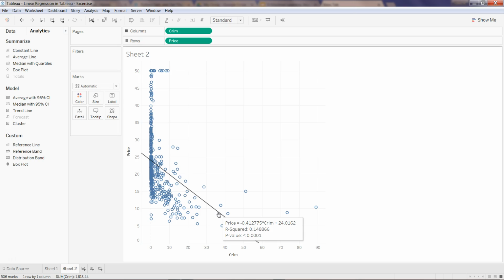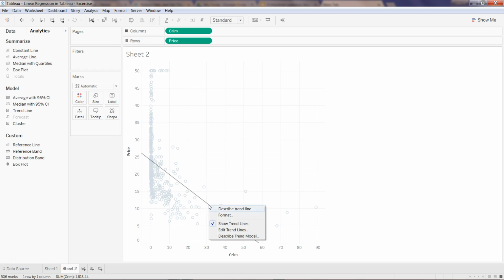So using this equation, you can place the value of CRIM, which is crime rate, and predict when the crime rate is going up or down, what should be the expected value of the house. So that's quickly how you can create it.